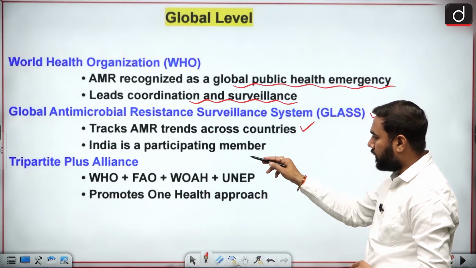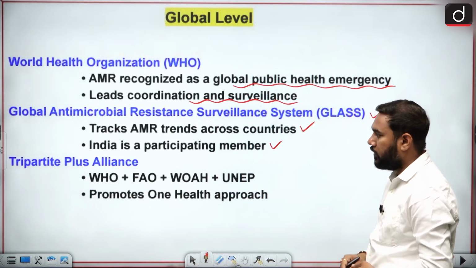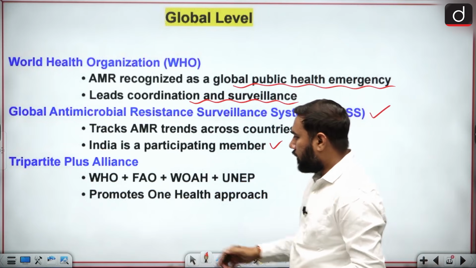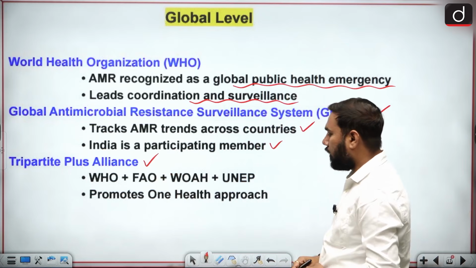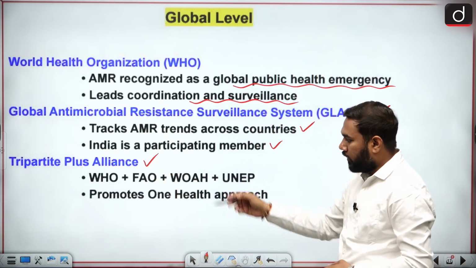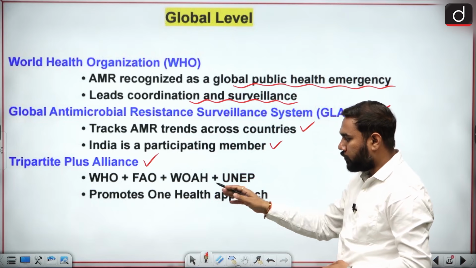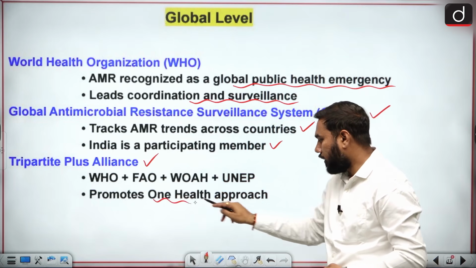India is a participating member of GLASS, meaning you have to track AMR records. There is an alliance between multiple organizations, WHO, FAO, WOAH, UNEP, which promotes the One Health approach.